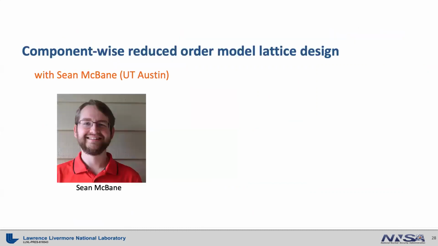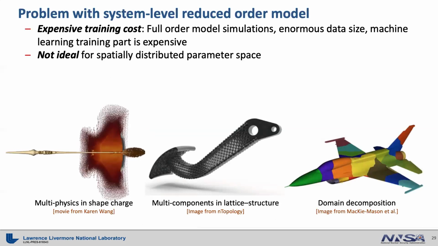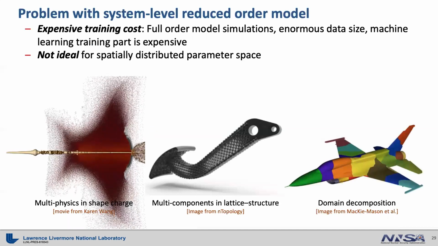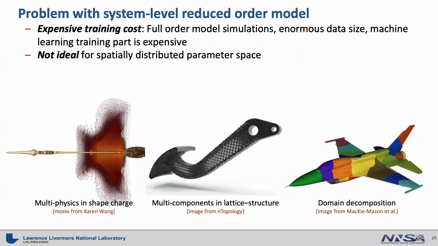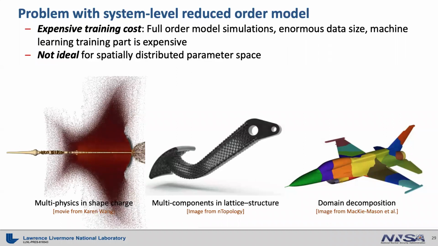Okay, next, I would like to switch gears again and introduce a new type of reduced order model, still a linear subspace reduced order model though. Just to give you a motivation, despite all the successful stories of the reduced order models that I have shown so far, as the full order model size increases, the cost of training becomes very expensive and sometimes not even possible because of memory issues.